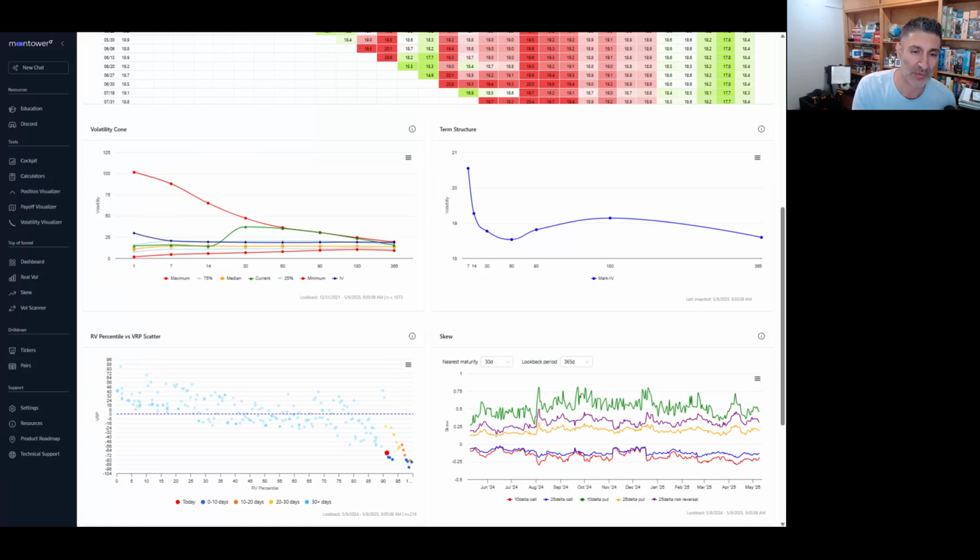Or change how much it's changing today to weight that more than how much it was changing, say, a month ago. So that's something we're in process on right now.